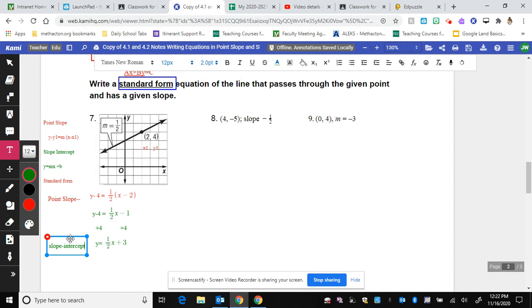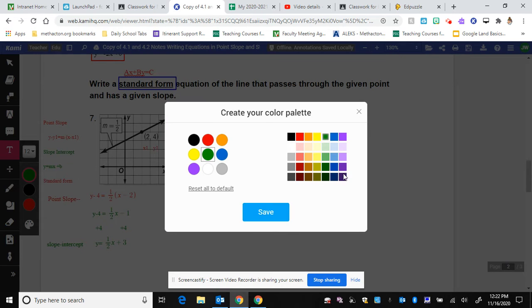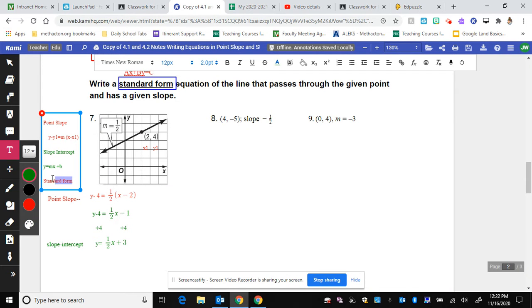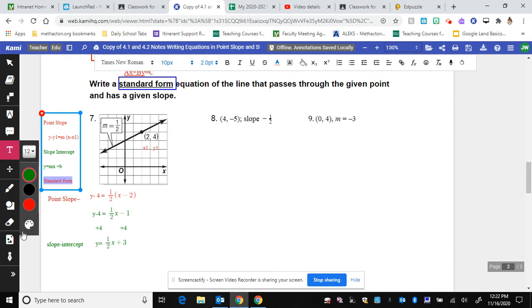However, the directions say they want me to get to standard form, which means I need to take this one step farther. So in order to get into standard form, excuse me while I get my colors all situated here. In order to get into standard form, which is ax plus by equals c, move this box up a little bit.